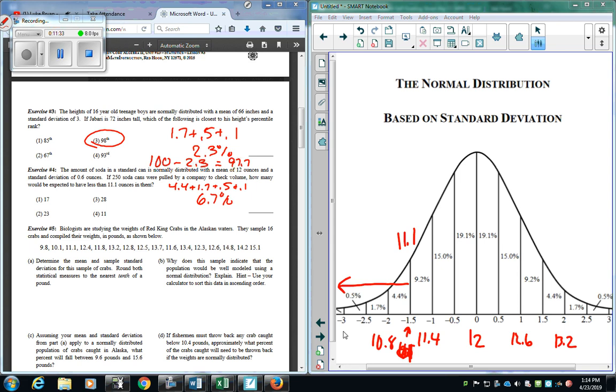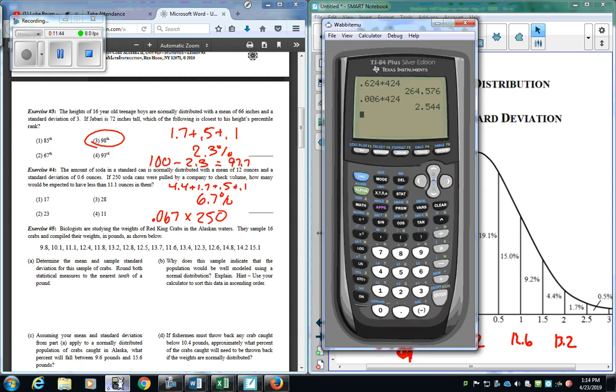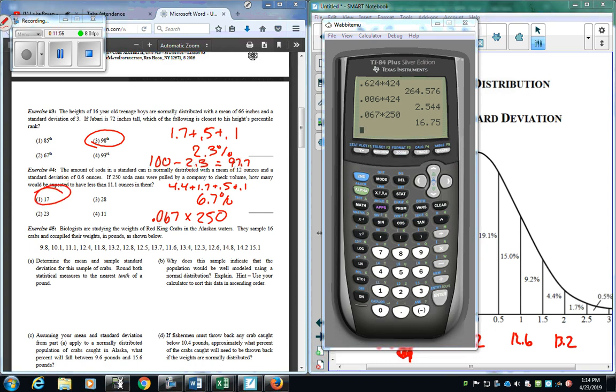So we have to figure out what number is 6.7% of 250. If I change that to a decimal and then multiply it by 250, I'll get my calculator out for that. 0.067 times 250 ends up being about 17 of the cans. They have to pull 17 cans to do the checking of the volume.